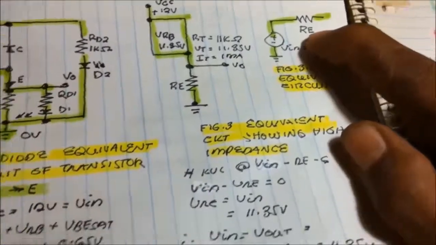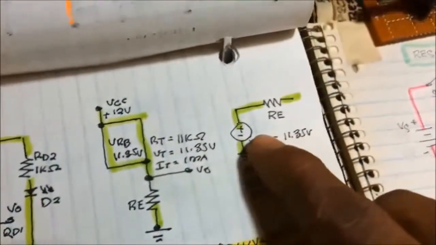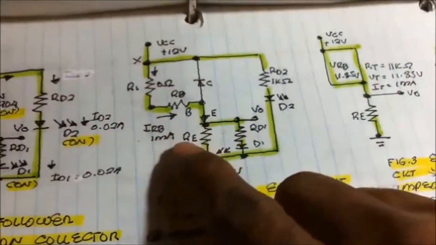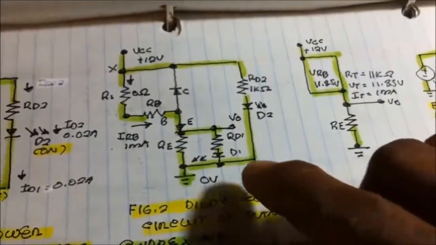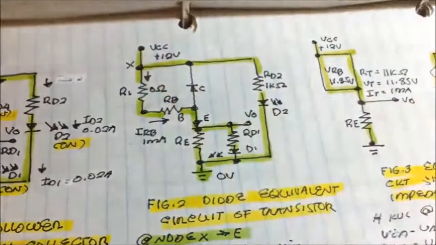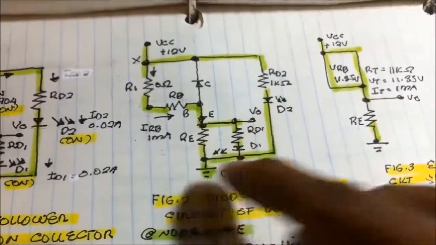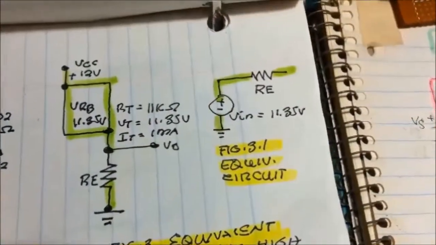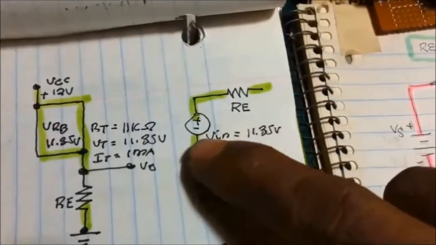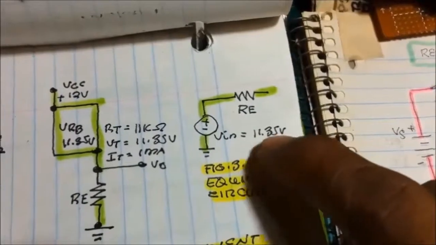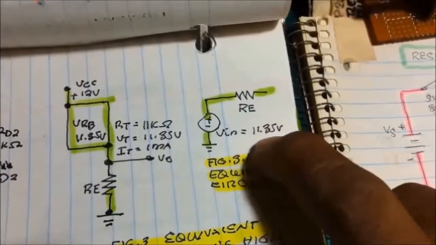We're going to supply that into the emitter resistor. See? 11.35, 0.65 is being consumed by the internal circuitry before it becomes the voltage supply of this emitter resistor. Just like this one, we're now having a new supply, 11.35 volts.